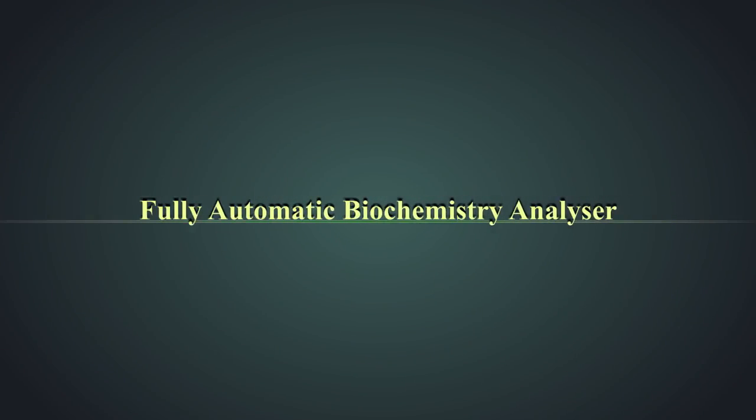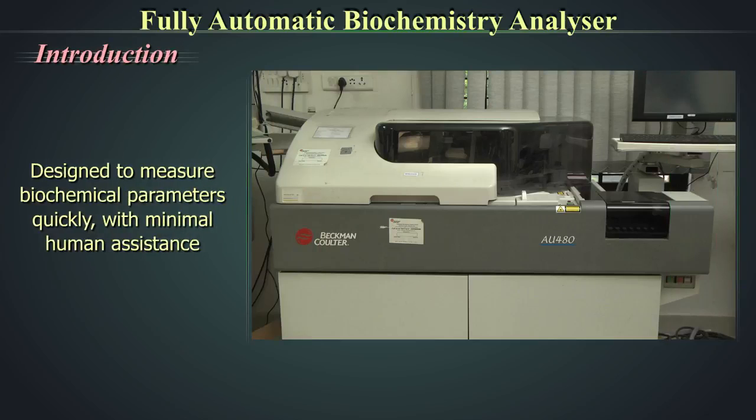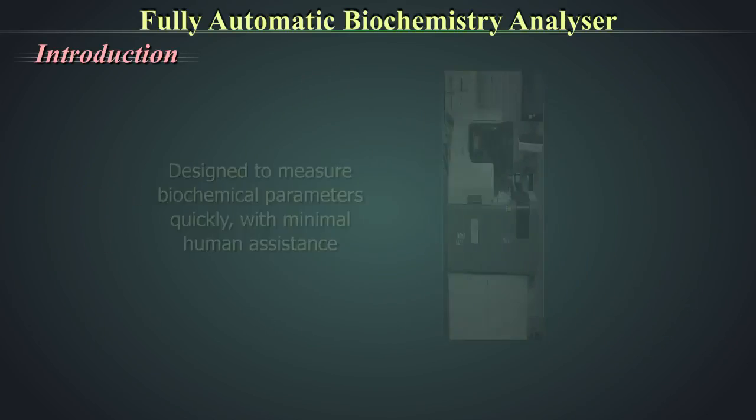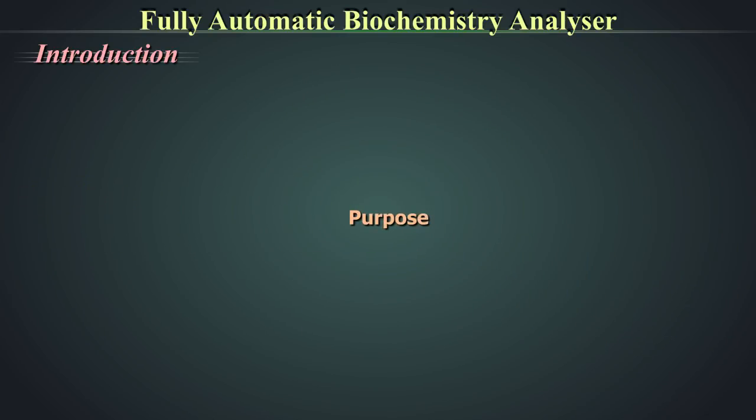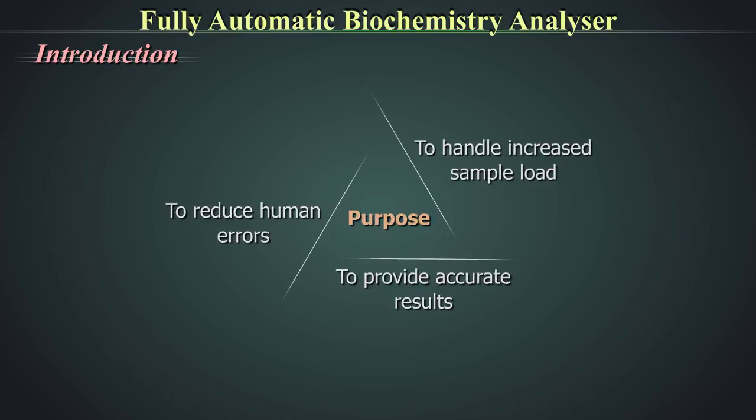A fully automated biochemistry analyzer is designed to measure biochemical parameters quickly with minimal human assistance. The purpose of this analyzer is to reduce human errors, handle increased sample load, and provide accurate results more efficiently.